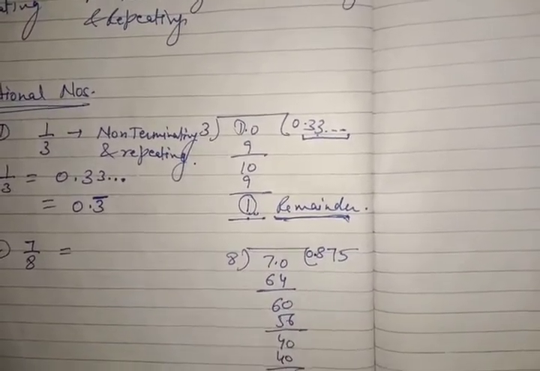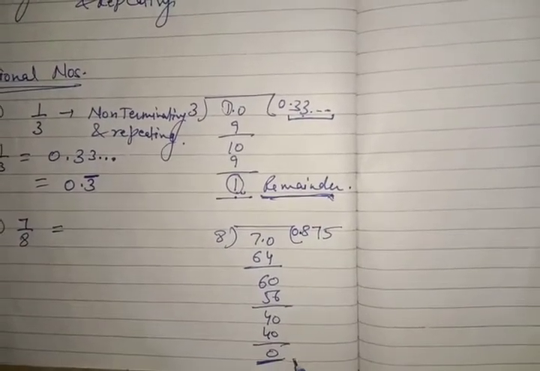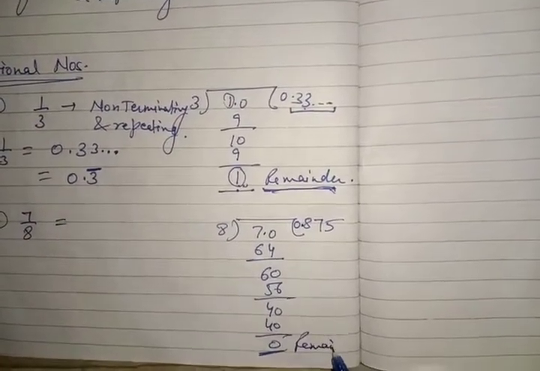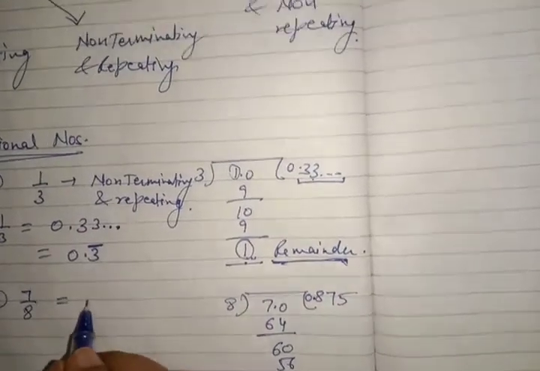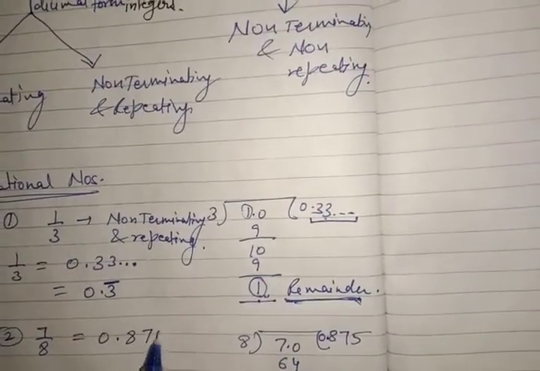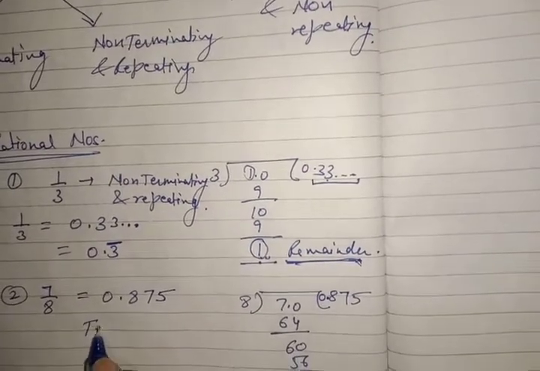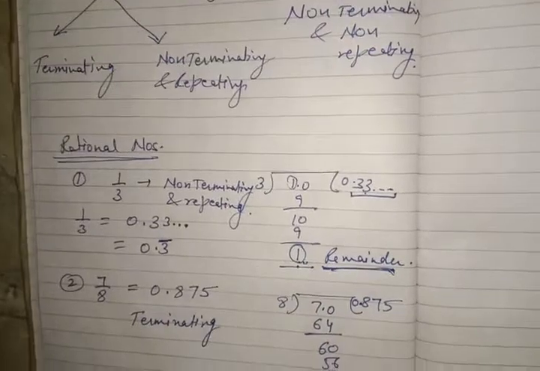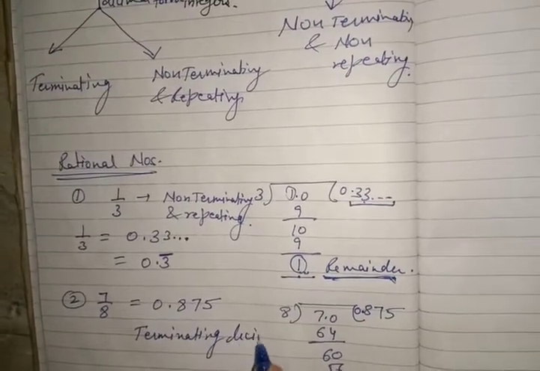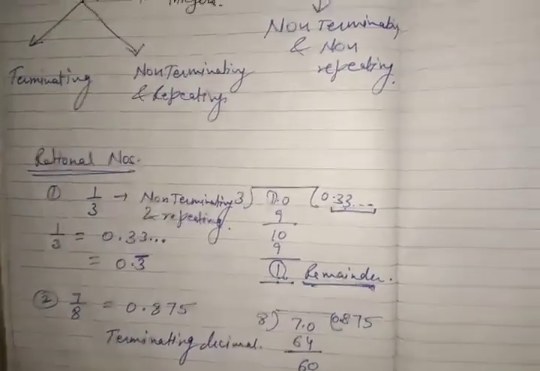What is the remainder here? 0. So 0 remainder means terminate. It stopped, terminate. So this answer is 0.875 and this decimal is known as terminating decimal. 0 remainder means terminating decimal.